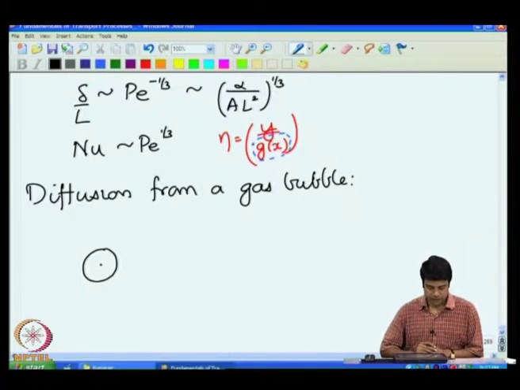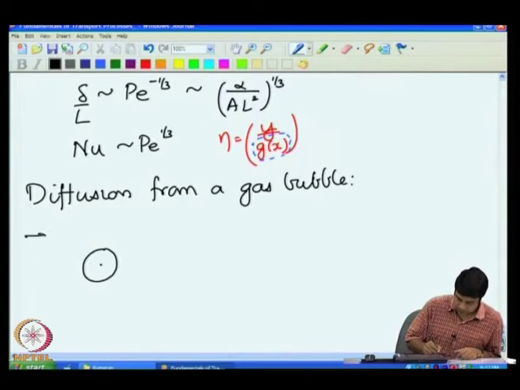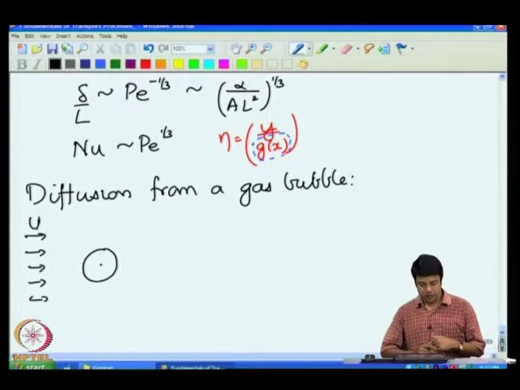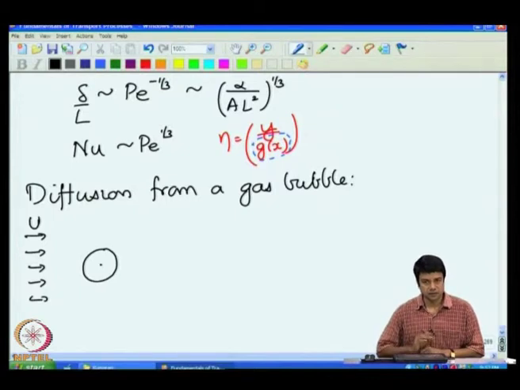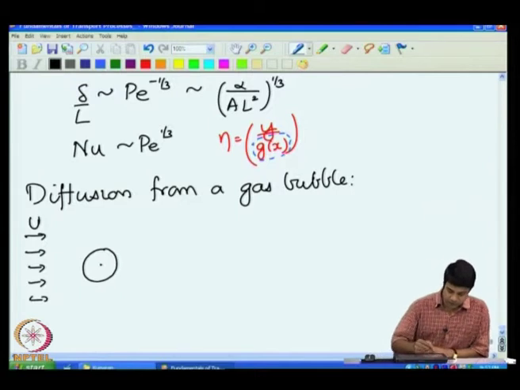So, for example, if I had a bubble and there was a fluid that was incident on this bubble with a velocity u, then at the surface of the bubble, provided the bubble is spherical and remains spherical as the flow goes past it, the normal velocity at the surface has to be equal to 0 because the fluid cannot penetrate the bubble.